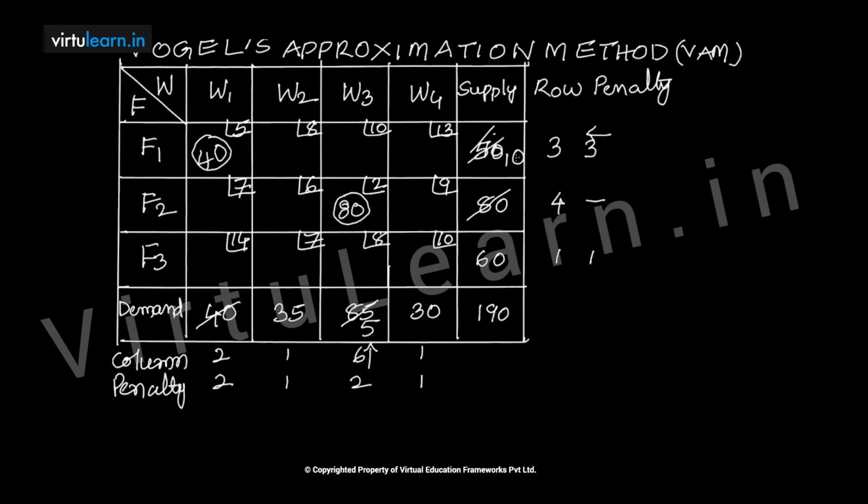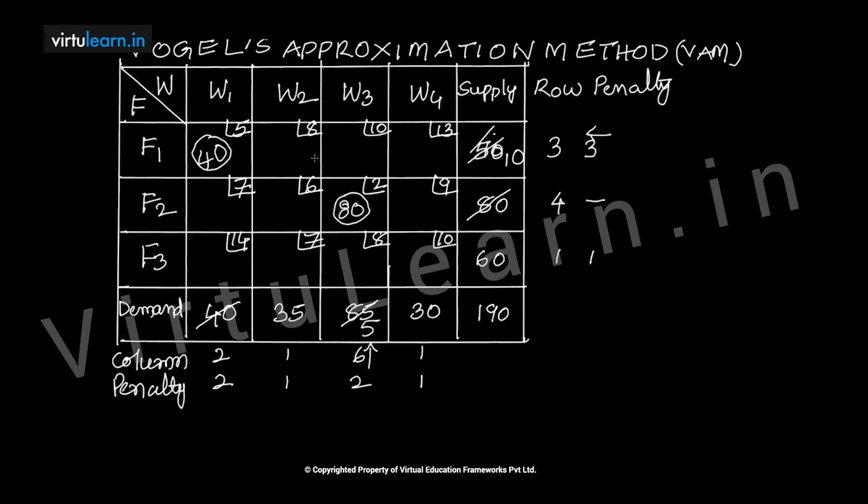Now again we'll see this W1 column is satisfied, and when we see F2 is also satisfied. Now again we'll take penalties. Since this W1 is satisfied, we are not going to consider this column for penalty purpose.